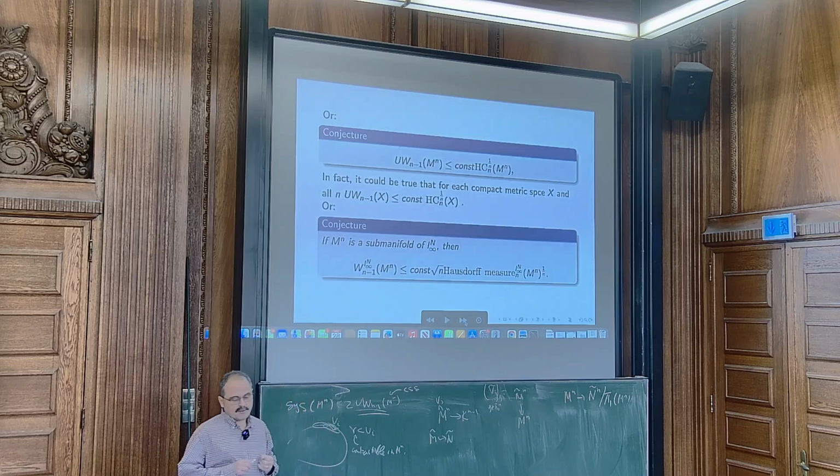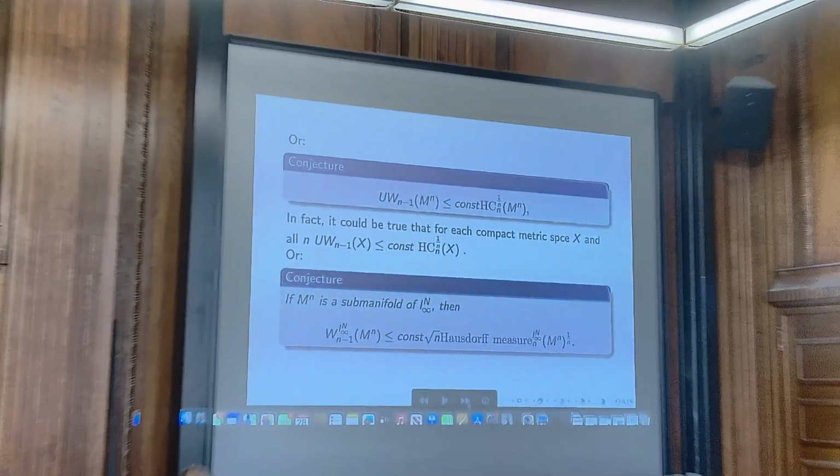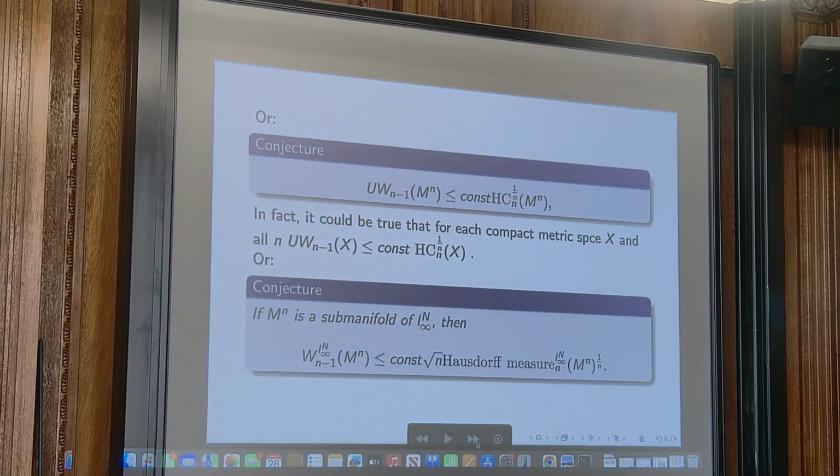There is another slightly more awkward technical conjecture that also would help to establish optimal dimensional constants in the Gromov systolic inequality.